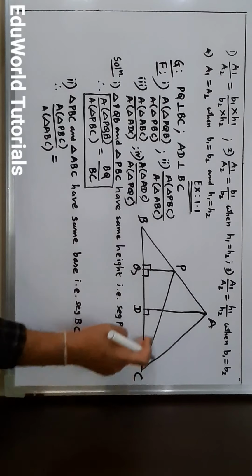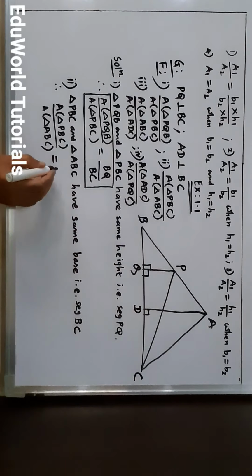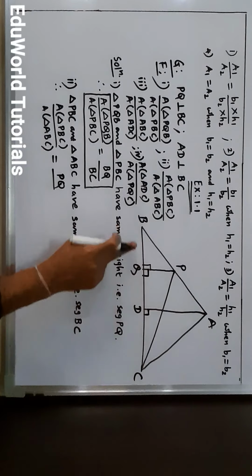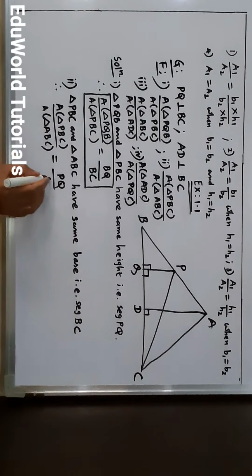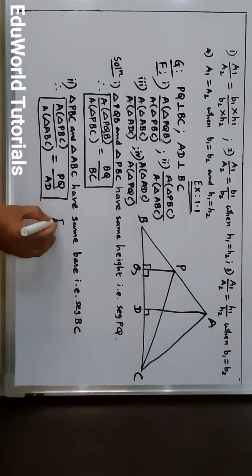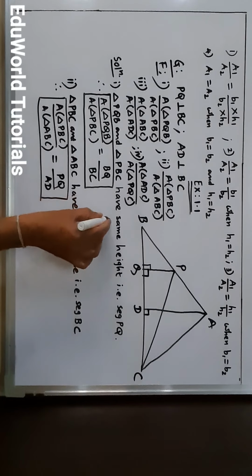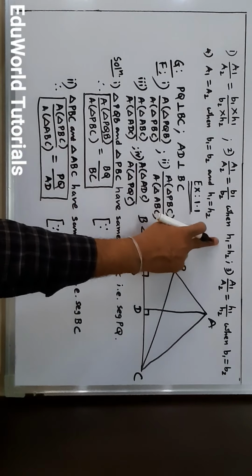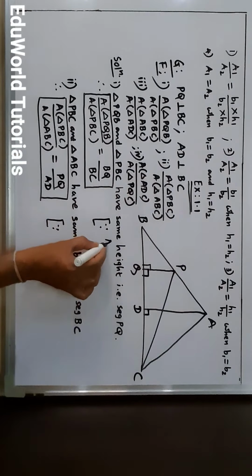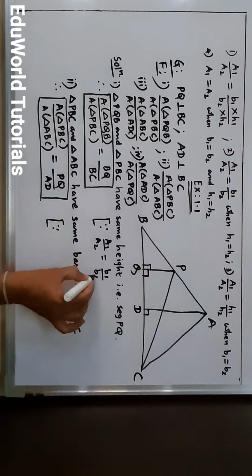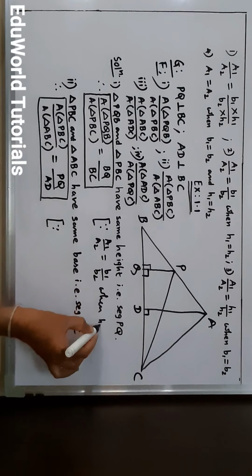What is the height of triangle PBC? BC is the base, it is PQ. And what is the height of triangle ABC? When BC is the base, it is AD. So this is our answer. Area of triangle PBC upon area of triangle ABC is equal to PQ upon AD. We have to specify the reason. Of course, we have not specified the reason here. Here the reason would be equal heights, so we write A1 upon A2 is equal to B1 upon B2 when H1 is equal to H2.